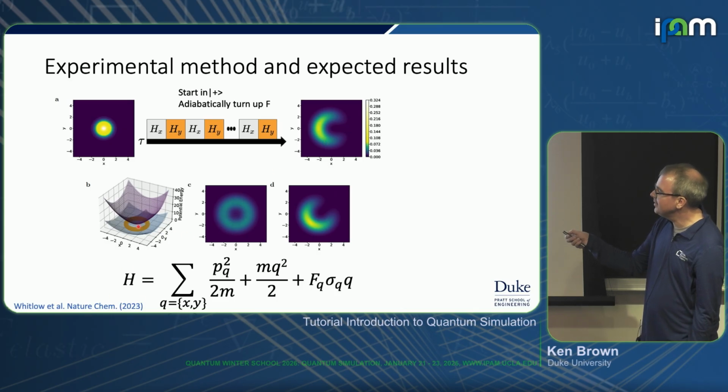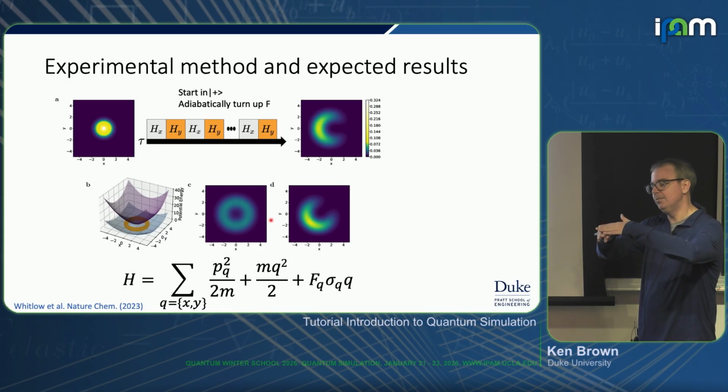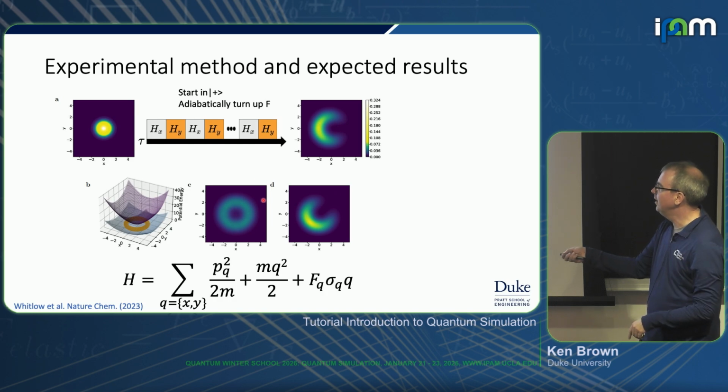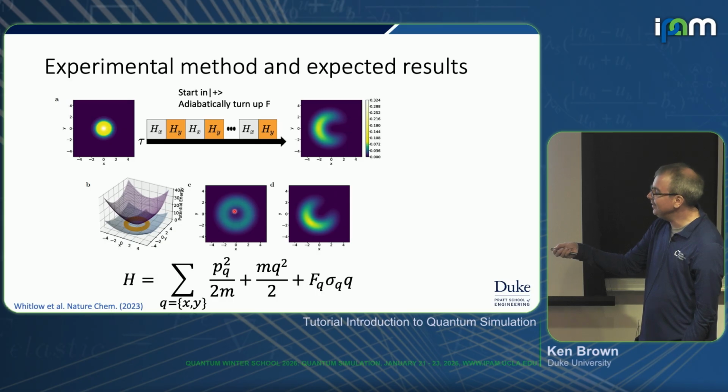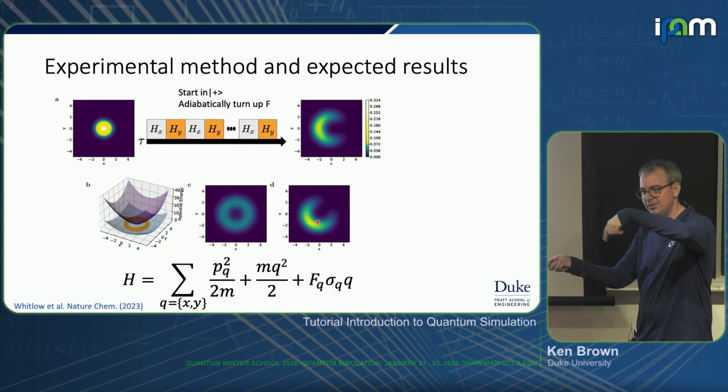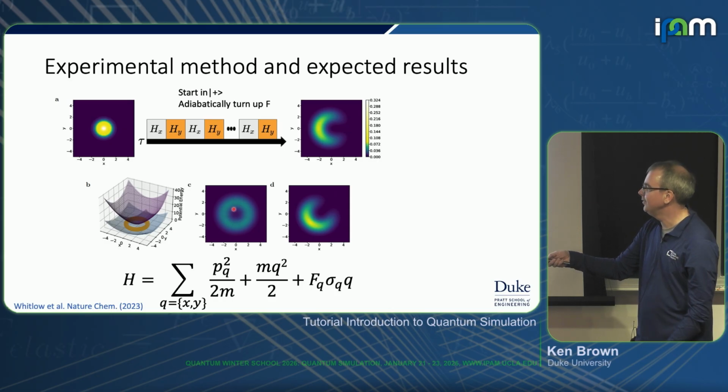If there's no conical intersection, it should form a donut. If there's a little bit of Stark shift, some unwanted z, the C will actually rotate a little bit. And you can think of this as having lost control of that z. So they will average over each other and give you this donut.